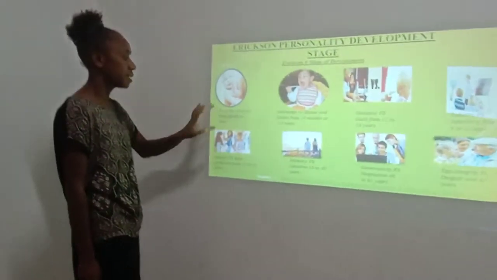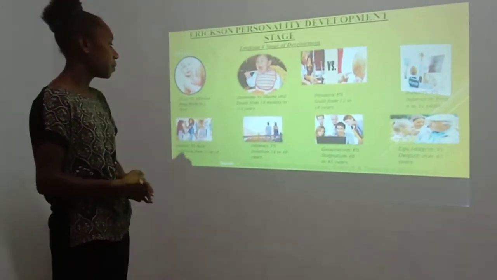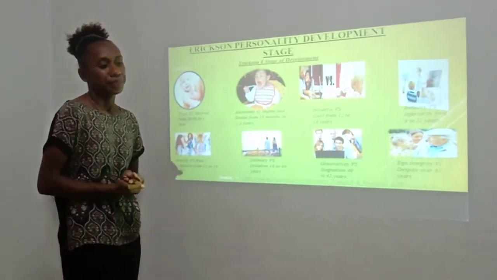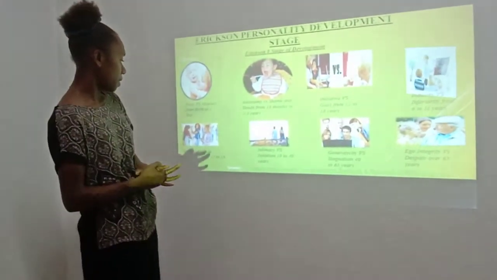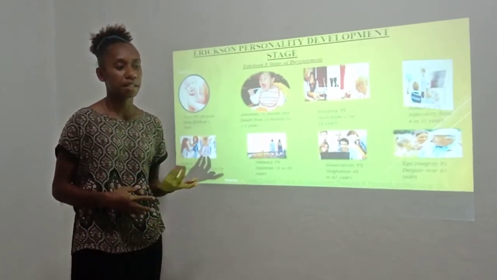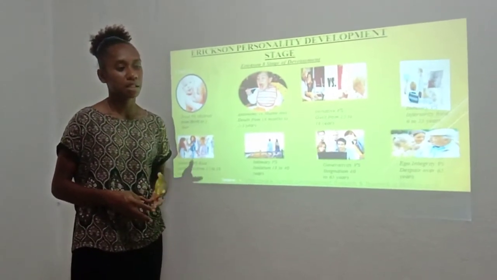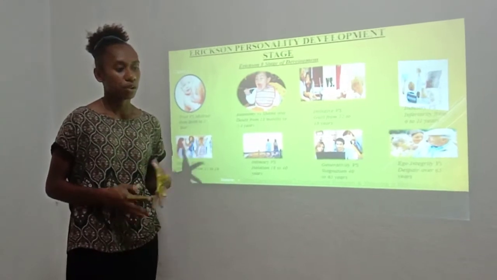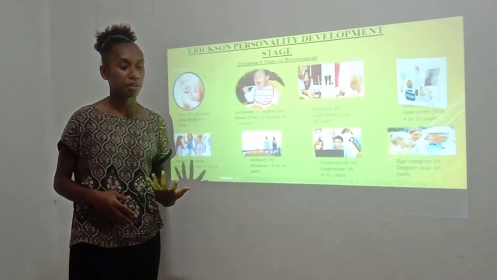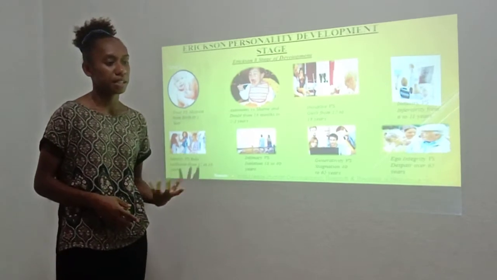So the first stage is trust versus mistrust. It is from birth to 1 year old. Trust versus mistrust is the principal stage in Erikson's theory of development. This stage starts from birth and lasts for a year, and it is long enough that the baby may create its experience of progression in its human development stage.